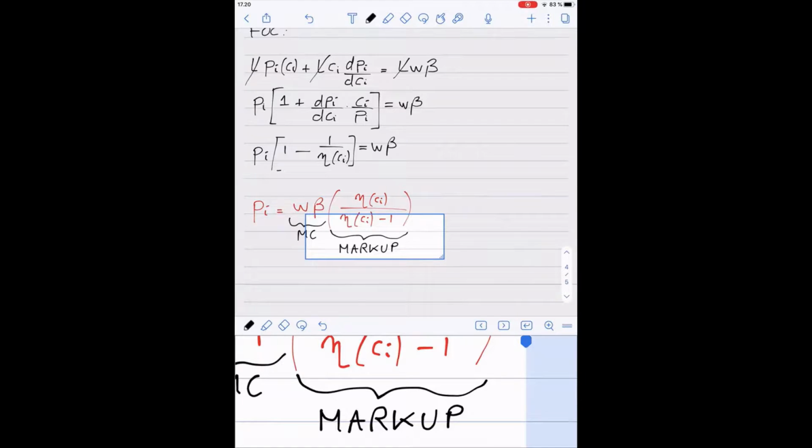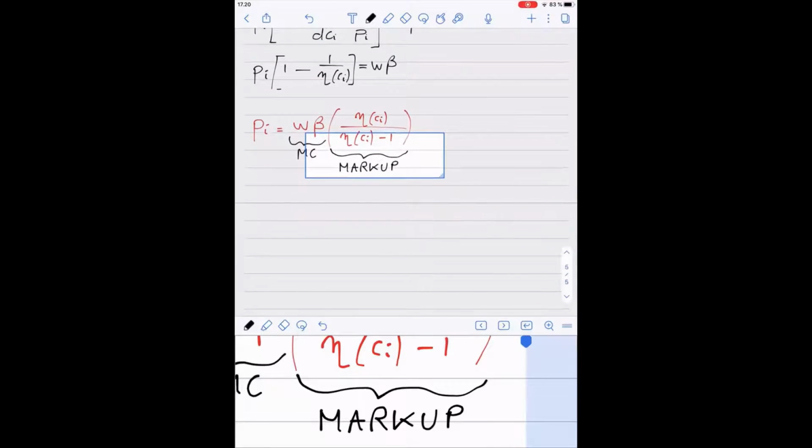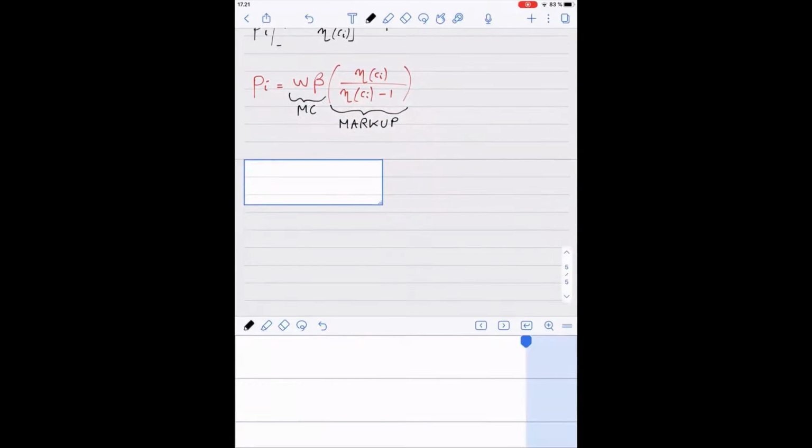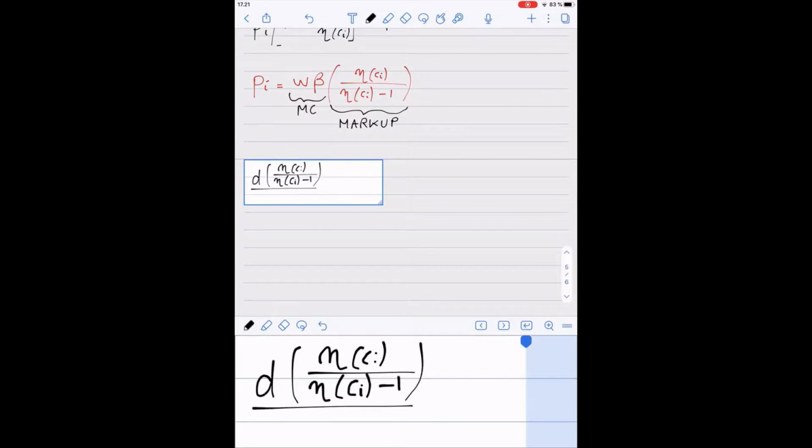This is a huge departure from all the models that we've seen in the past, right? Now the question is, are these markups increasing or decreasing in output Ci? So let's see. Let's take the derivative of eta Ci divided by eta Ci minus 1 with respect to Ci.